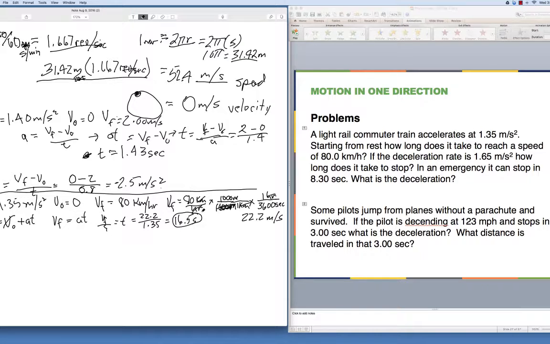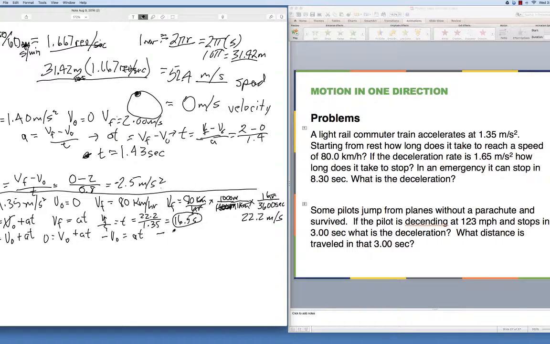Now, once we get to 80, it says if the deceleration rate is 1.65, how long does it take to stop? Okay. Again, we can use the same equation. Now in this case, VF is 0. So 0 is equal to V0 plus AT. And so we move this over, so minus V0 is equal to AT.